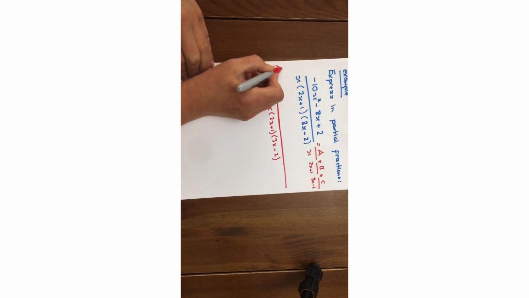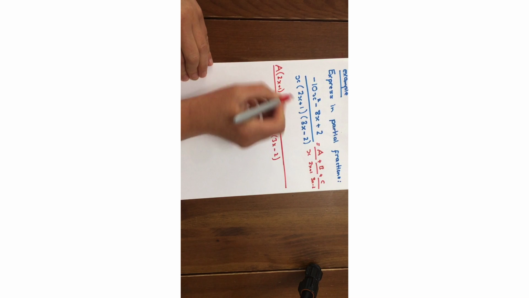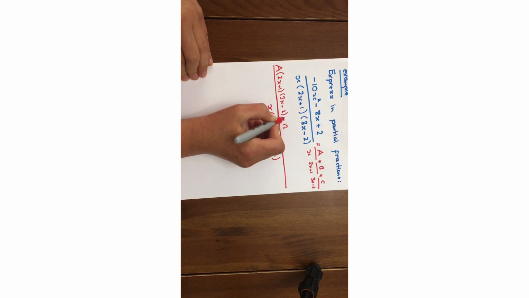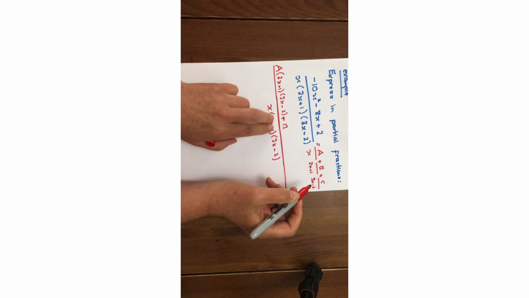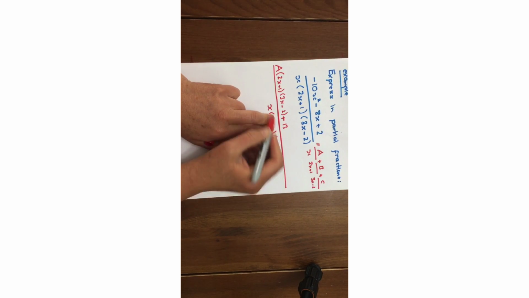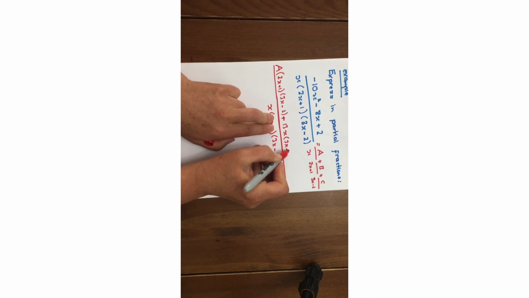So I've got a lots of 2x plus 1 times 3x minus 2 plus b lots of, this is what my b is over 2x plus 1, so I'm left with these 2 factors, bx times 3x minus 2.